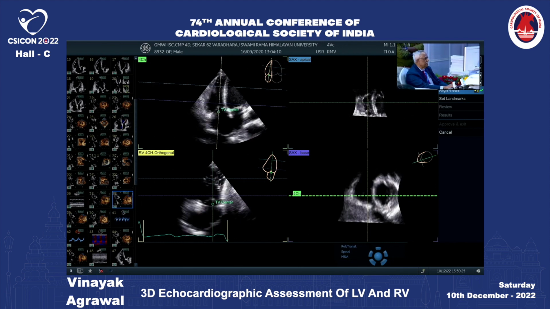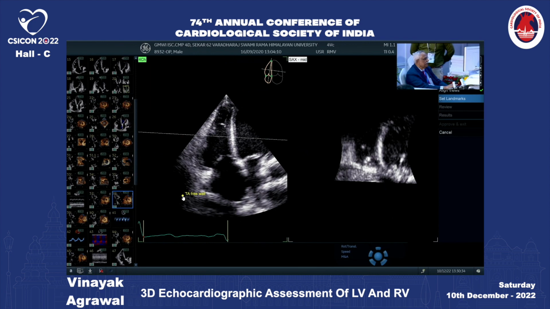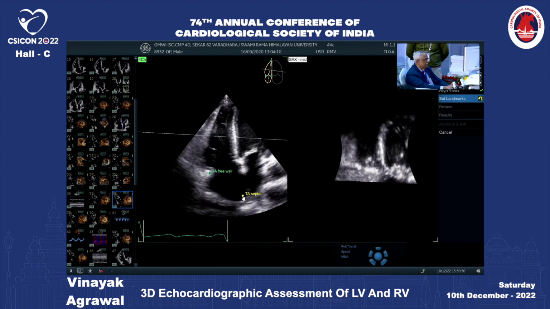Then all the other things get aligned automatically. Then you have to select the points. It is prompting you itself. You can see it asks you to mark the free wall. This is the attachment of the tricuspid leaflet. You go a little into the RV and then mark it like this.